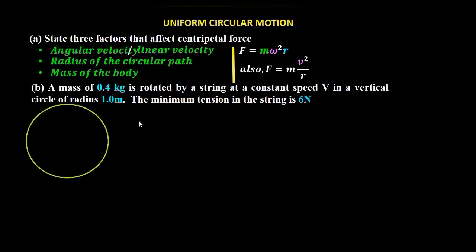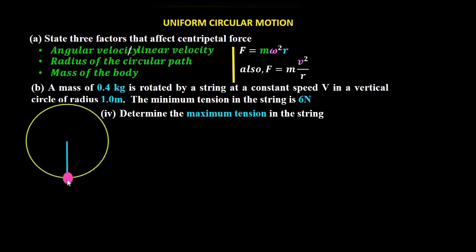Lastly, for Roman 4, determine the maximum tension in the string. For maximum tension, we expect the object to be at this position. And when the object is at this position, once again, let's identify forces acting on it.